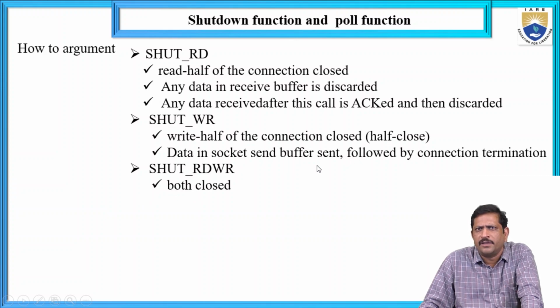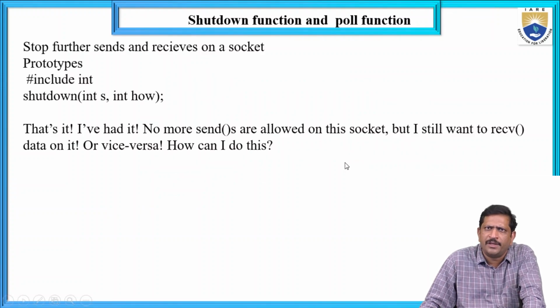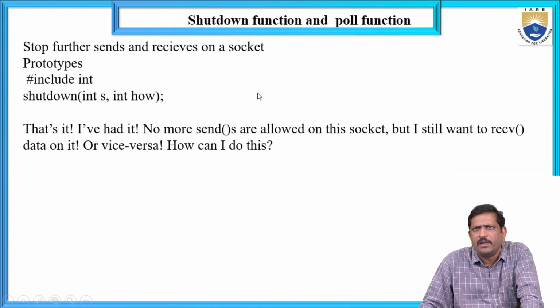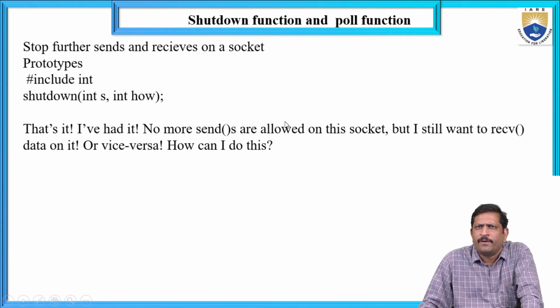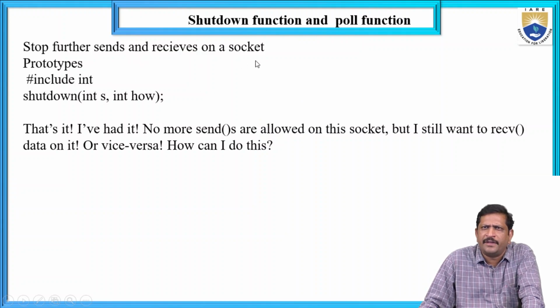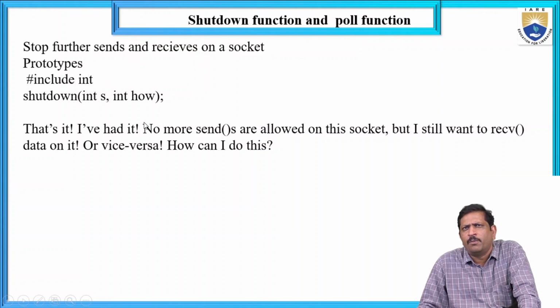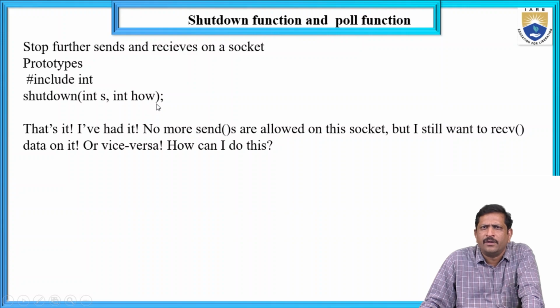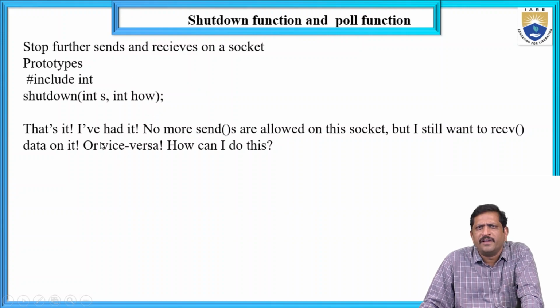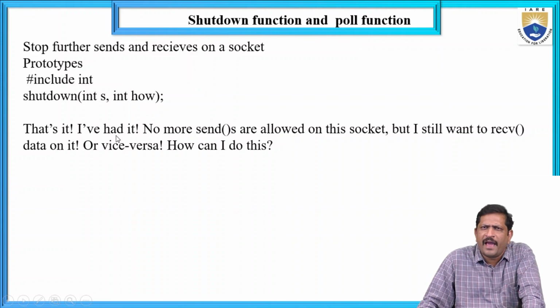Here these are the arguments we can utilize while performing the shutdown function. If we see further, the send and receive on a socket prototype is #include <sys/socket.h>, int shutdown(int s, int how). That means it has done the transaction. Shutdown transactions can be completed.